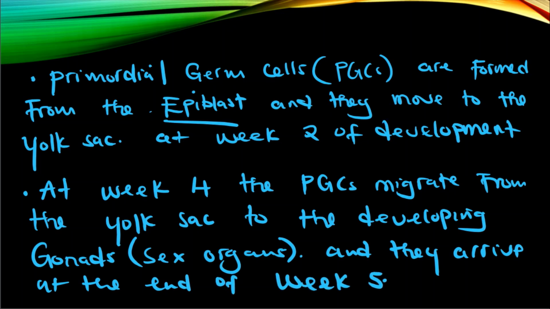Now what you need to know is that as they migrate in week 4 to the developing gonads, they undergo various mitotic divisions where they mature and increase in number. And they will reach these gonads at week 5. This process takes place both in males and in females.